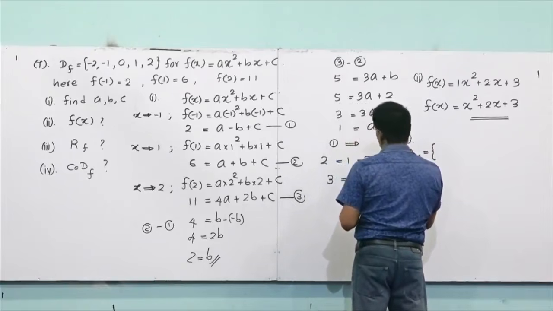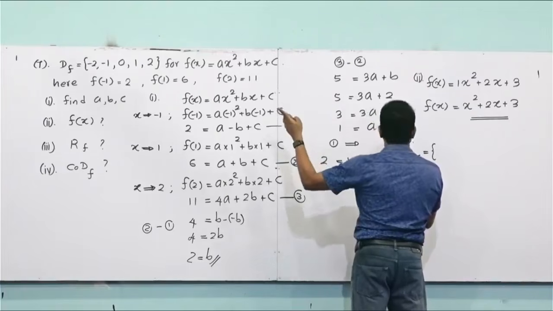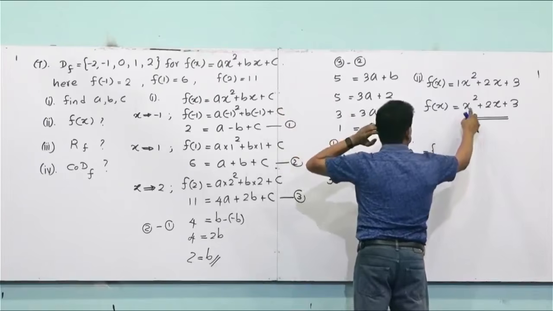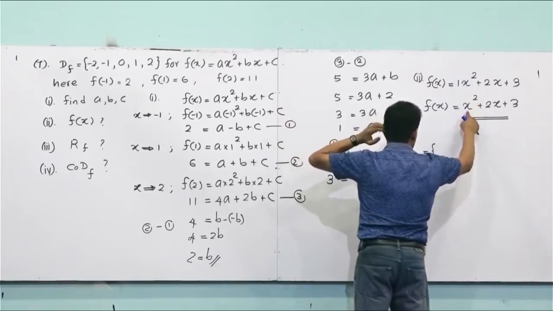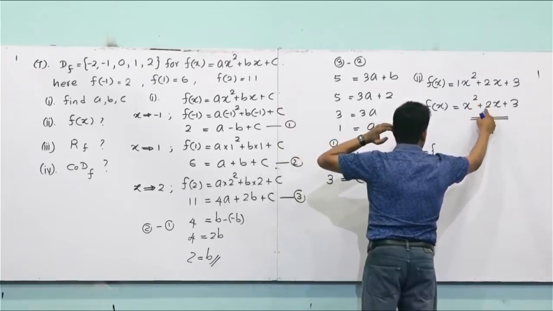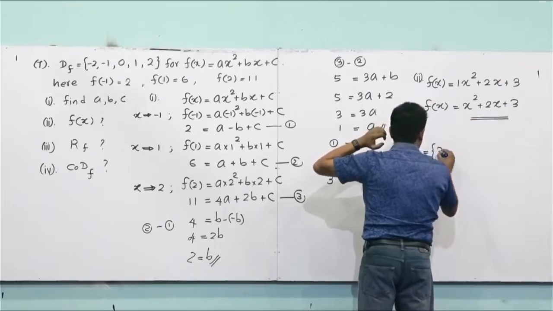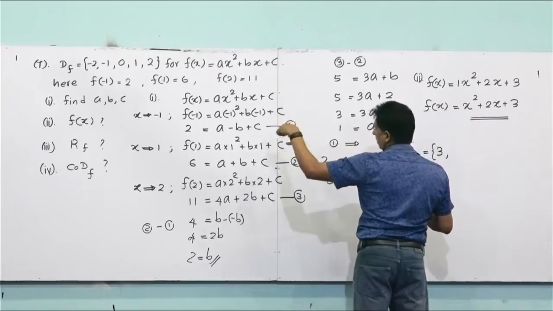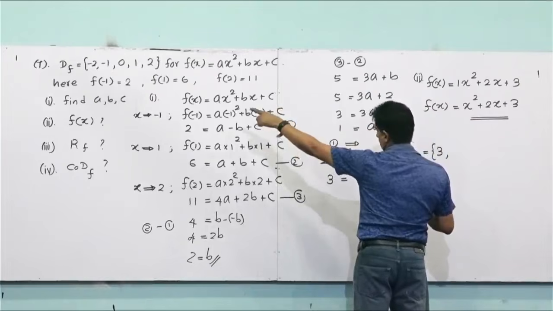Now we have to find the range. We want to find the image of minus 2. Minus 2 squared is positive 4, minus 2 into 2 is minus 4, plus 3, so 3. Then the image of minus 1 is given as 2.